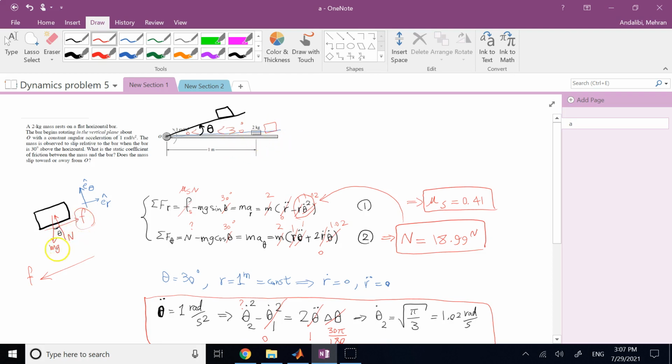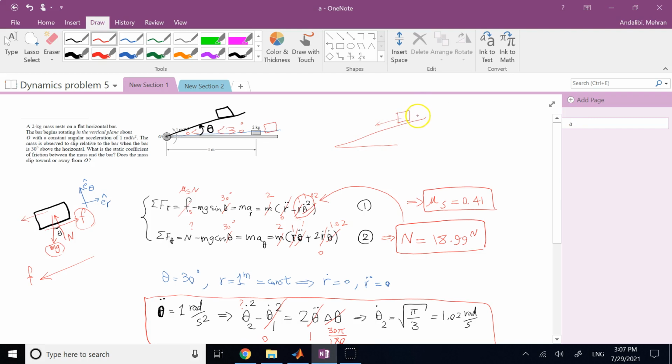So the motion is completely dominated by mg sine theta. And that term is radially inward. So the motion has to be radially in. It's an inclined surface, basically, like this, with a small angle. And you know, definitely under the weight, the block starts to slide down.